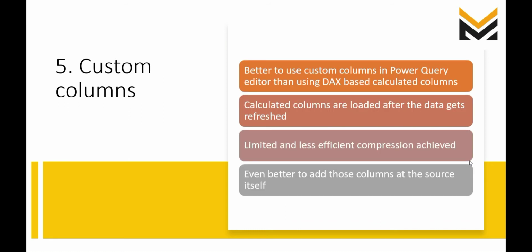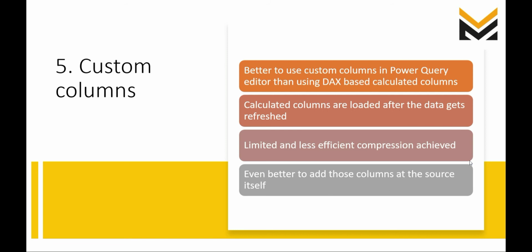Then the fifth technique is custom columns. It's always better to use custom columns in Power Query Editor than DAX-based calculated columns. Why? The calculated columns that you create in DAX usually get evaluated after the whole model is loaded in Power BI Desktop, which is a compressed and optimized model.